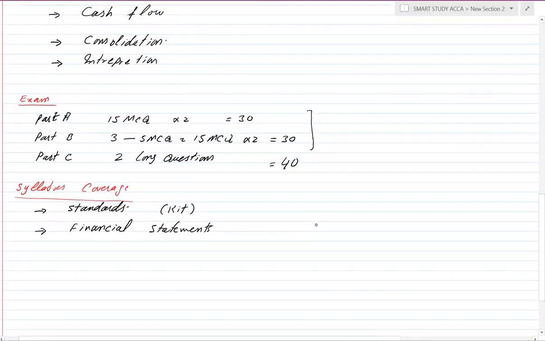I'm repeating once again, book reading is very, very important in this paper. So, in order to grasp these 60 marks, you need to use the Kaplan book, and you should practice examples and test your understandings from your Kaplan book.